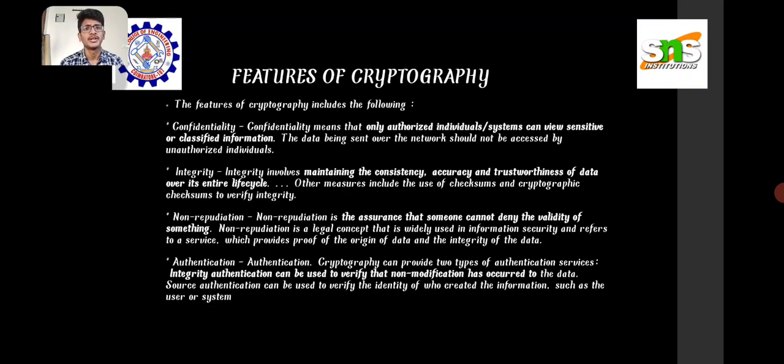In simple words, authentication is nothing but verifying who the user is. Cryptography can provide two types of authentication services. Integrity authentication can be used to verify that no modification has occurred to the data. Source authentication can be used to verify the identity of who created the information, such as the user or system.